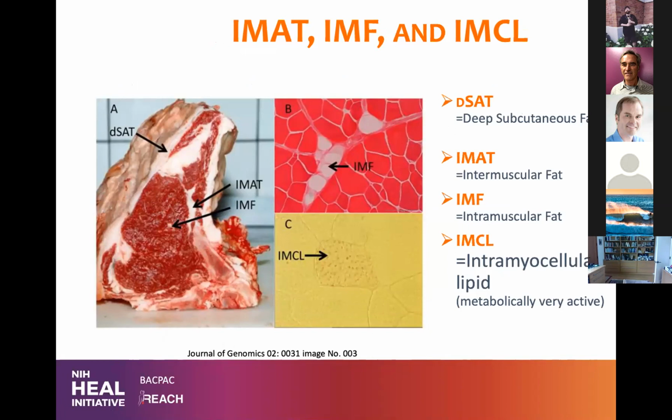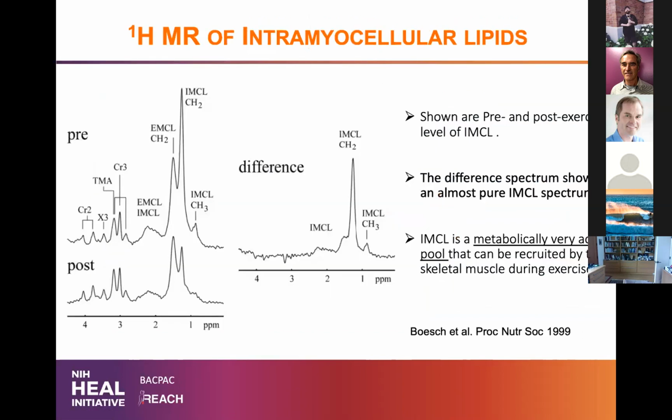The intramyocellular lipids, what we previously saw as the peak in the spectrum, are fats stored in droplets in muscle cells, and these are the red dots shown here. And IMCL is a metabolically very active component. So I want to give you some examples here for IMCL, why this is so important.